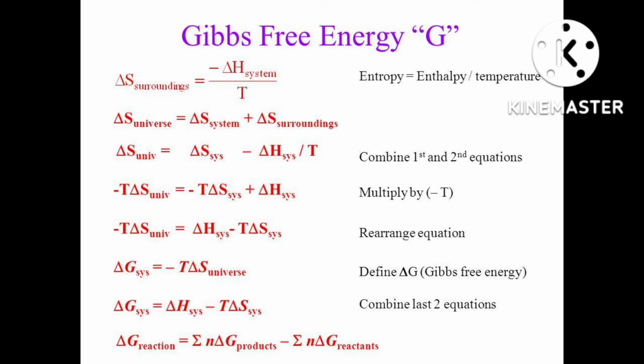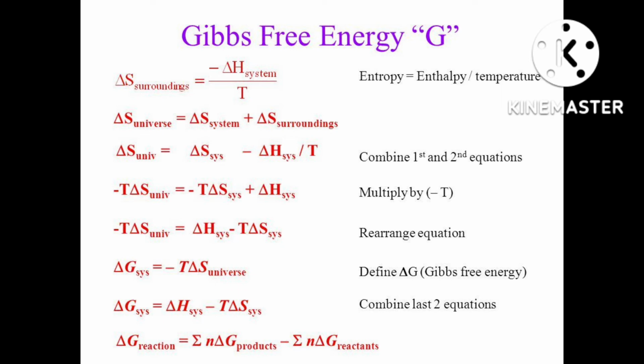Then what is remaining? R value is also given, which you already know. And T is also given, 298 Kelvin. So delta G, T and R are known.